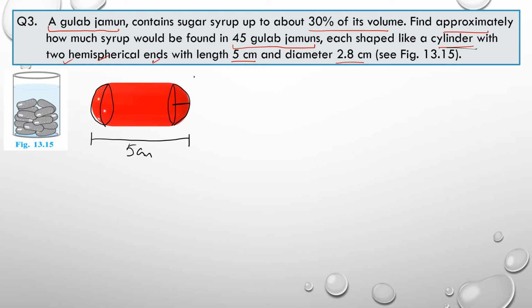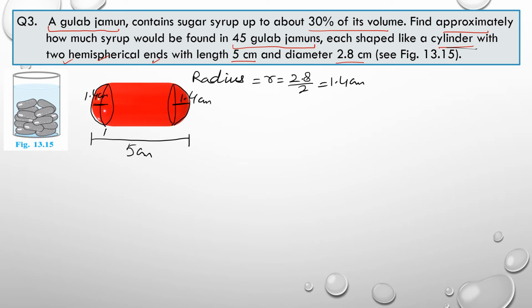So the radius will become half of 2.8. So we write radius as 2.8 by 2, that is 1.4 centimeter. So this is 1.4 centimeter and this is also 1.4 centimeter.